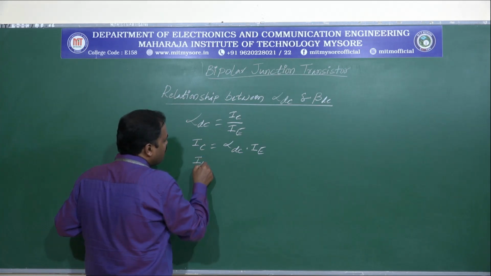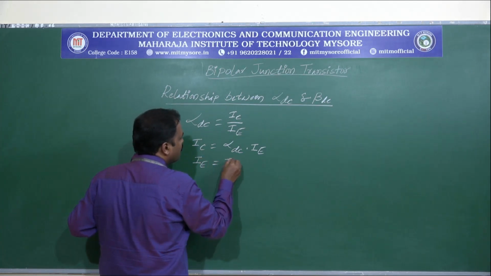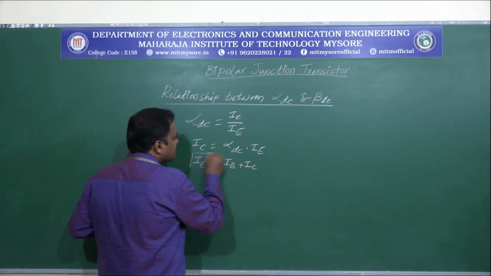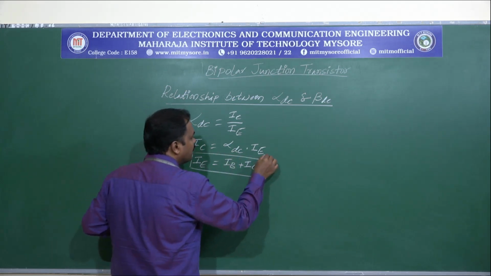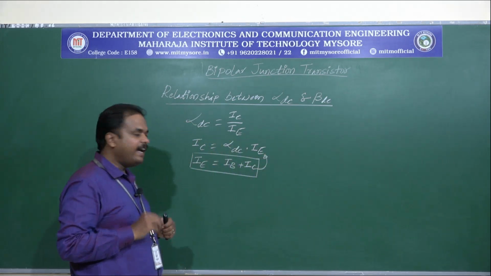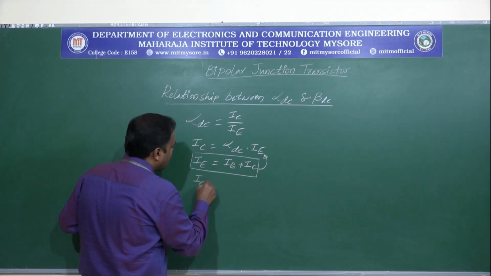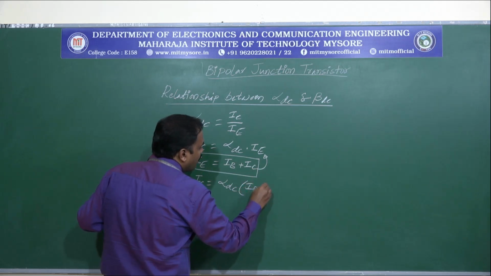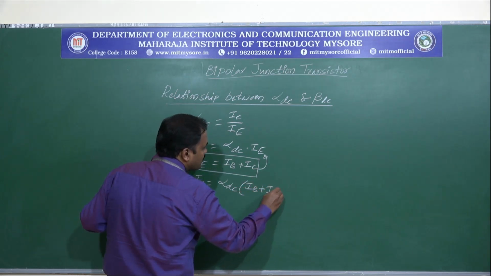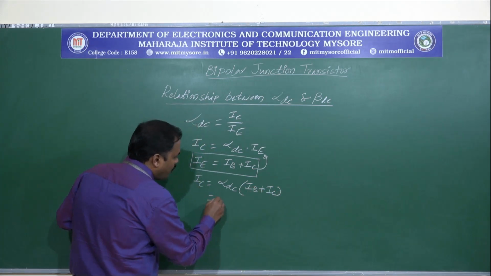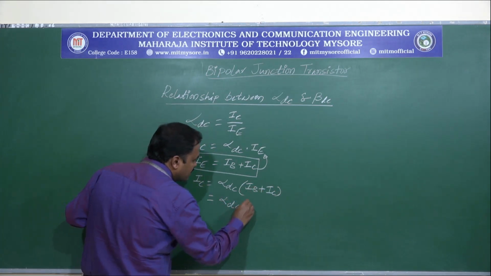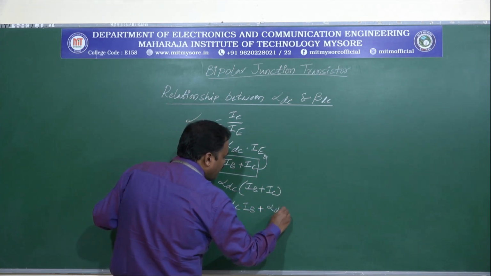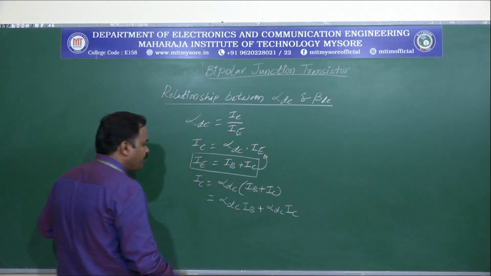But IE, by the basic definition, is equal to IB plus IC. Let us substitute this for IE. So IC is equal to alpha DC into (IB plus IC). So this can also be written as alpha DC into IB plus alpha DC into IC.